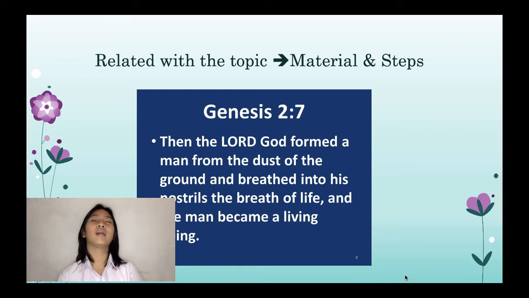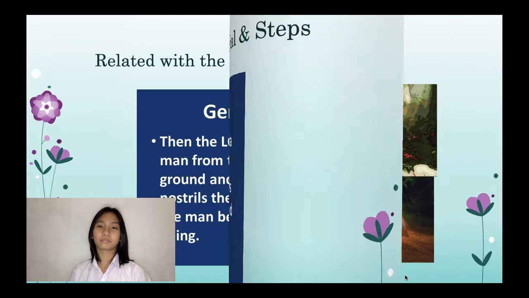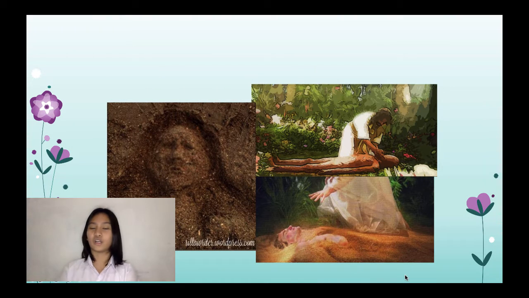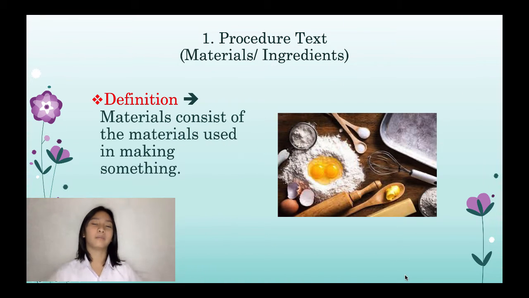But when God made Adam, God actually needed a few materials and steps. As you can see on the screen, there are materials and a few steps of how God made Adam. Let's see the picture of how God made Adam. He formed and then he breathed the breath of life. Okay, let's move on to our topic.